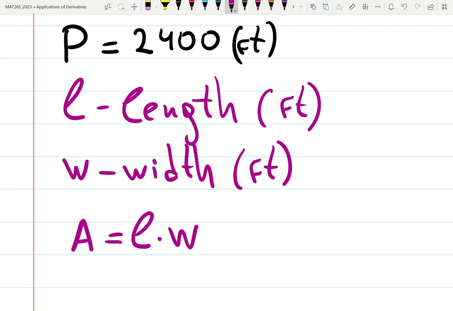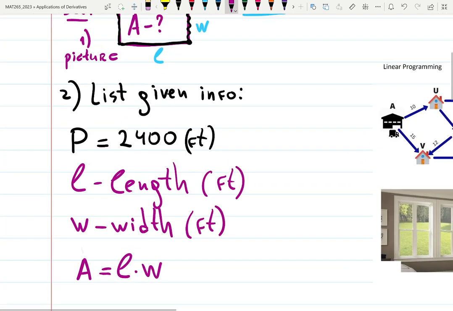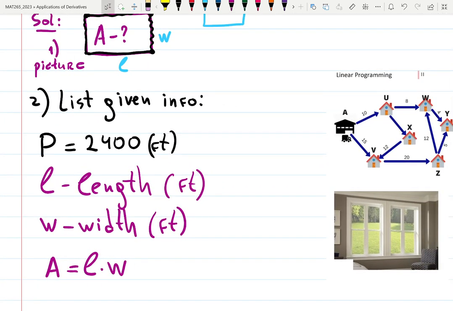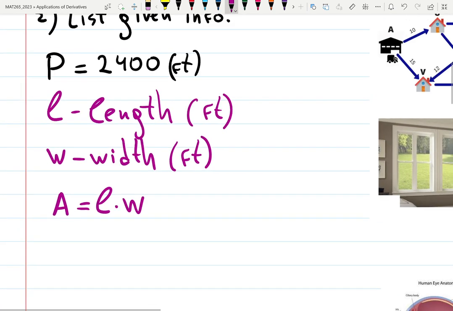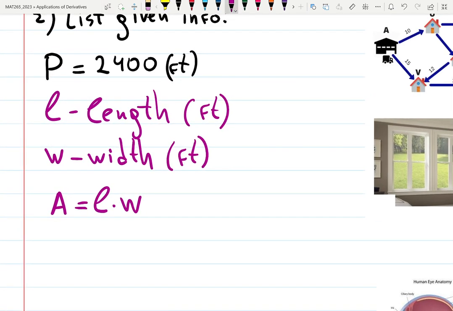I was supposed to ask you this question, but I truly believe you understand this. A is the area equals what? We don't know the number, but at least we know it's length times width, whatever you call it. And that is the objective function. That's the function we want to optimize, in this case, to maximize.